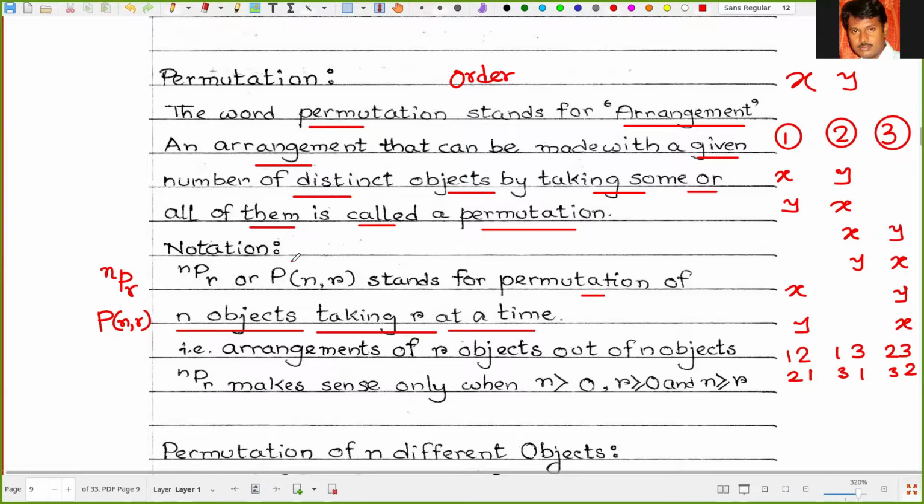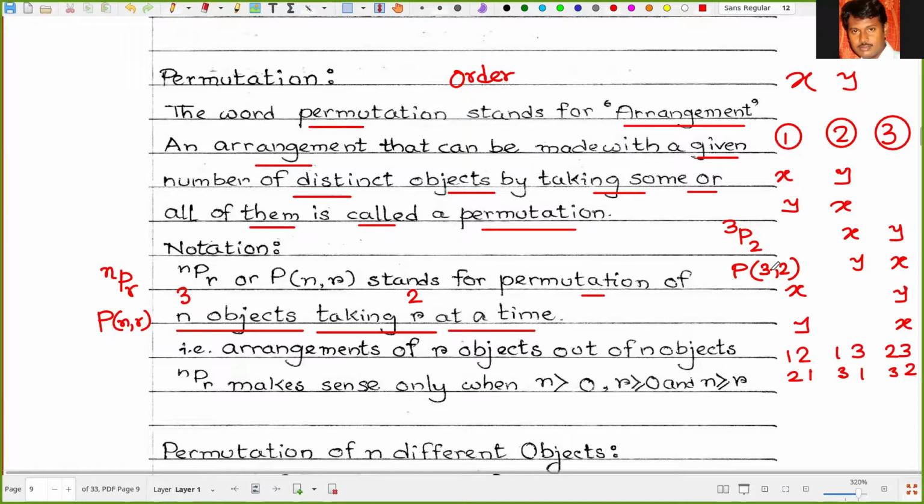Now what is this? n objects taking r at a time. That means there are 3 seats, 3 objects, and taking r, that means 2 seats at a time. So in that scenario, in the notation of permutation, that should be 3P2 or P(3, 2).